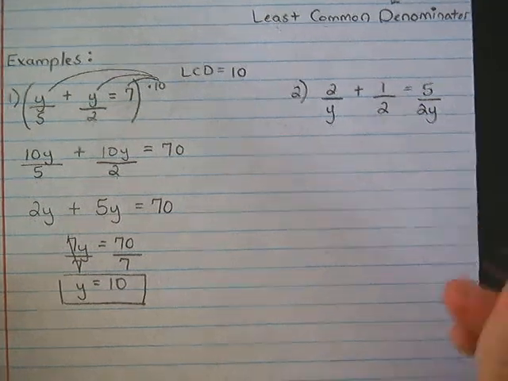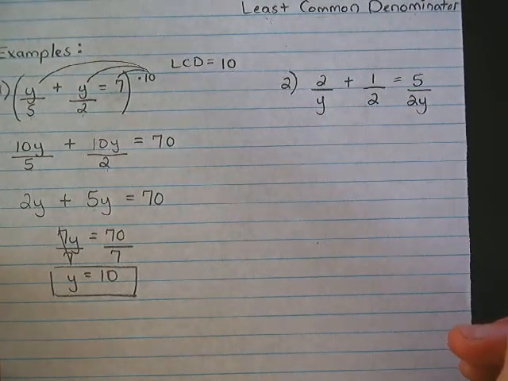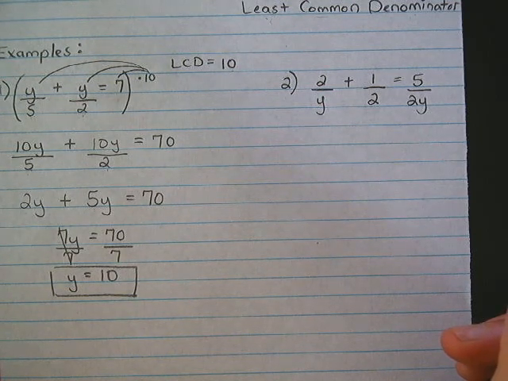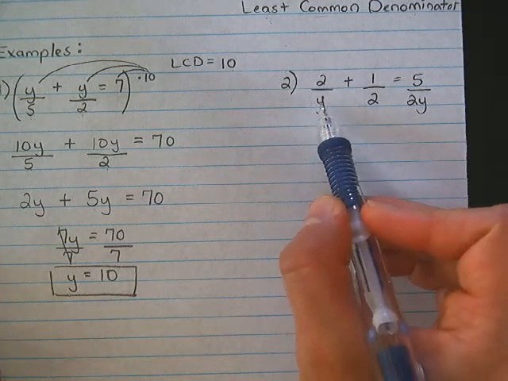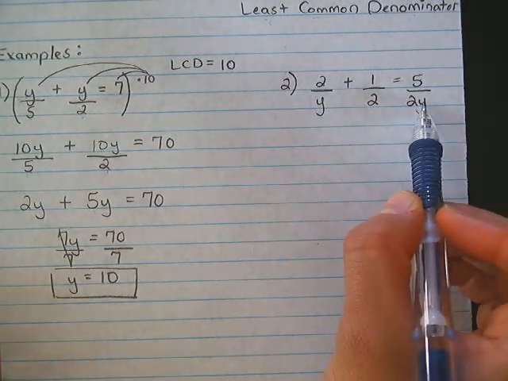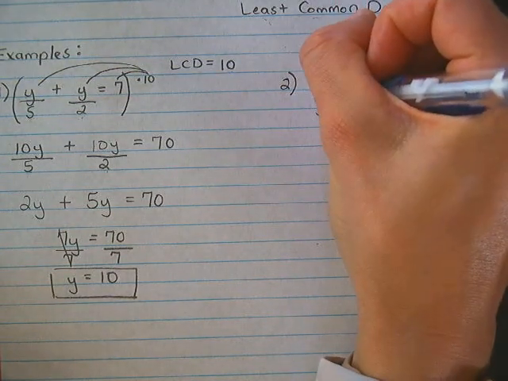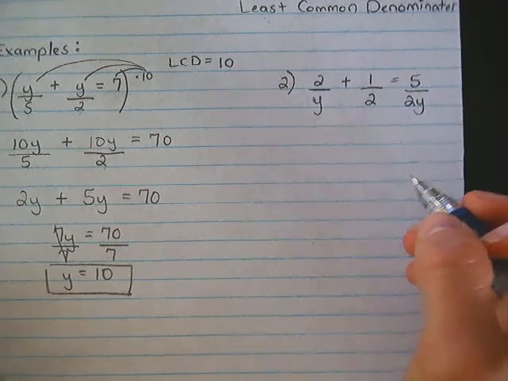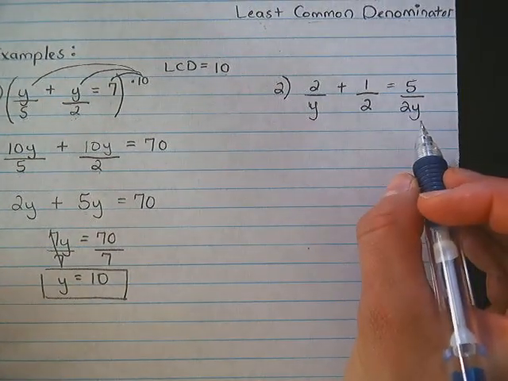When there are variables on the bottom, that's actually going to bring us to talk about what are called restrictions in your equations. Okay. And so a restriction in your equation is something that, because you have variables on the bottom, if you remember something we talked about in math classes before this, would be a number that you cannot have on the bottom of a fraction.